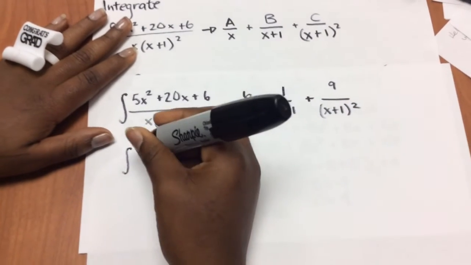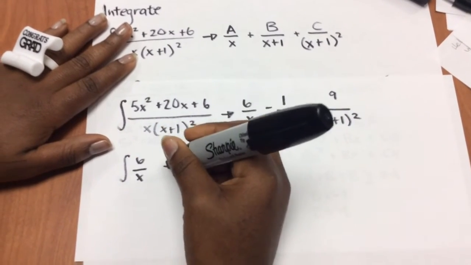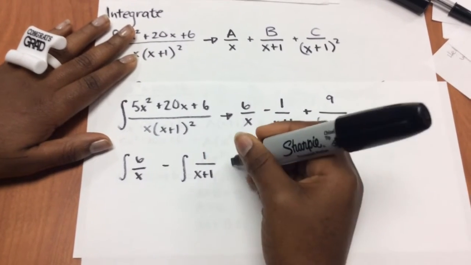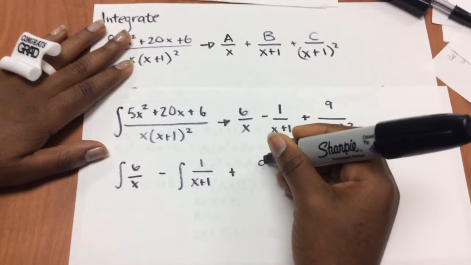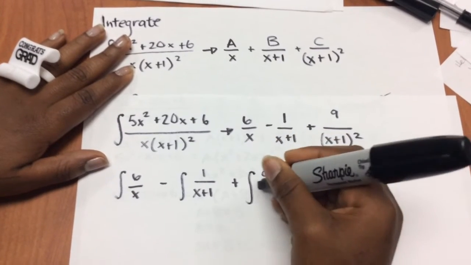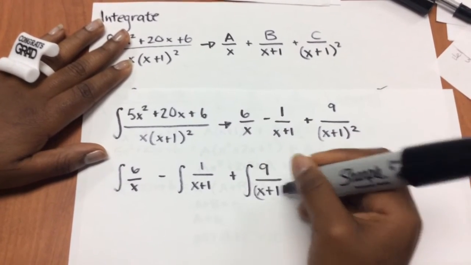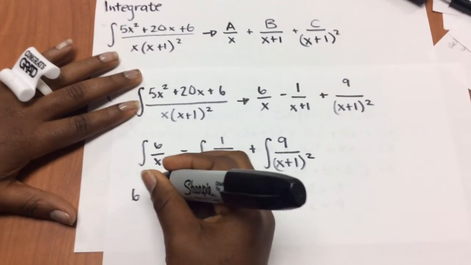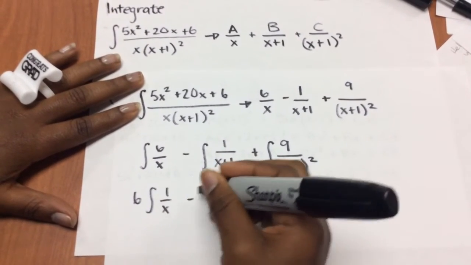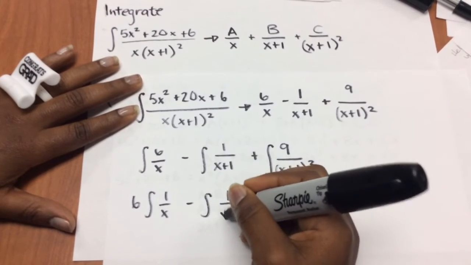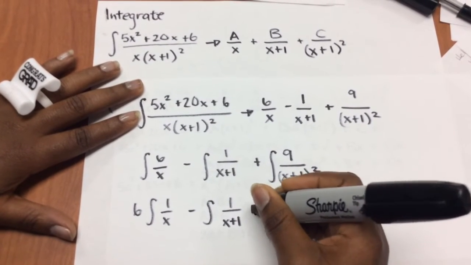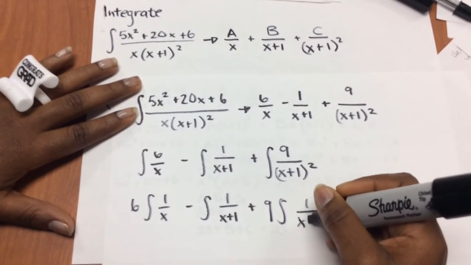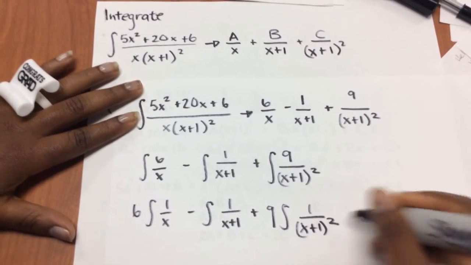We can simply just put this into 3 different integrals. So that's the integral of 6 over x minus the integral of 1 over x plus 1 plus the integral of 9 over (x plus 1) squared. We're going to take out the constant in each one, so that's 6 times the integral of 1 over x minus the integral of 1 over x plus 1 plus 9 times the integral of 1 over (x plus 1) squared.